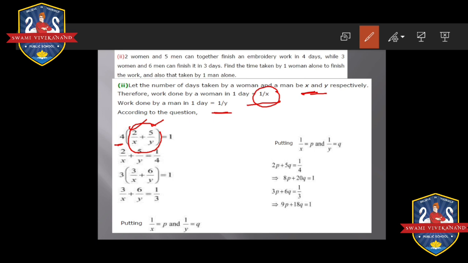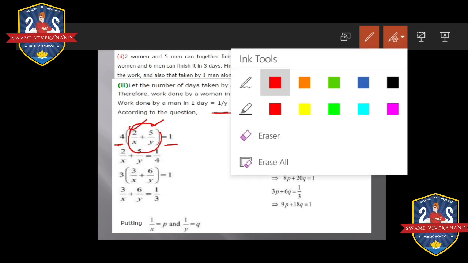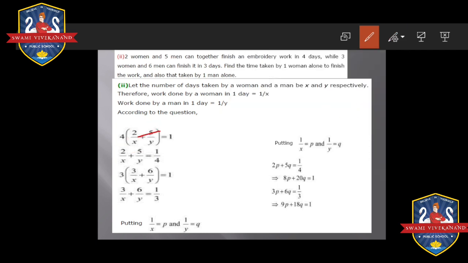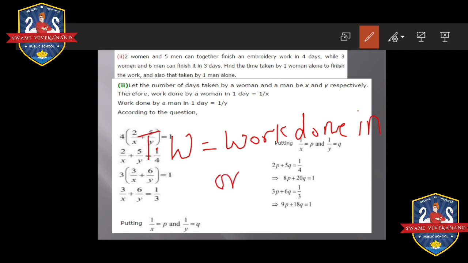So the work done in one day is multiplied by 4 to equal total work. Okay, getting this point? The formula used here is total work is equal to work done in 1 day multiplied by number of days.